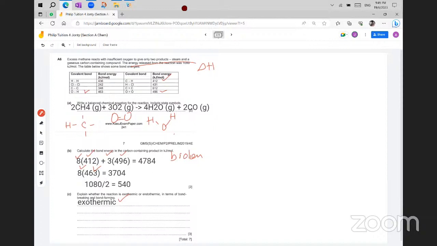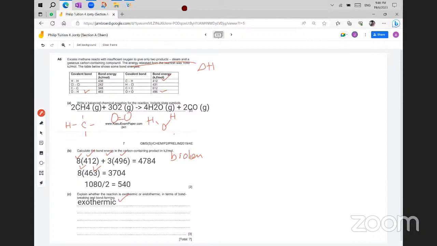Okay, so again, a revision for your part C. When a bond is broken, do you absorb energy or release energy? Let me put it another way: you need energy to break a bond. You absorb energy in breaking one.